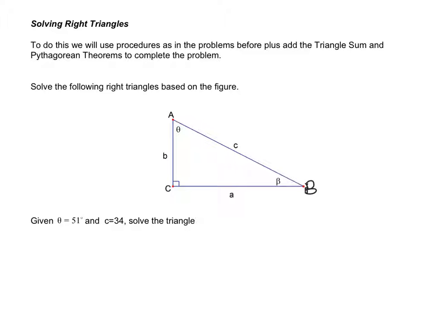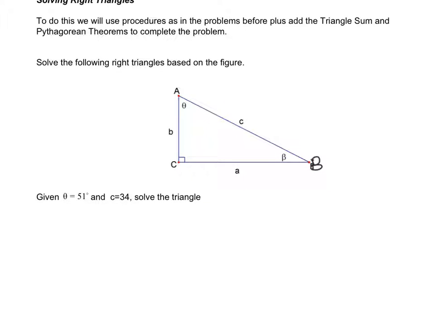So in our first example, we are given that theta is 51 degrees and C is 34. So I'm going to go ahead and label that in the picture. So theta is 51 degrees and C is 34.